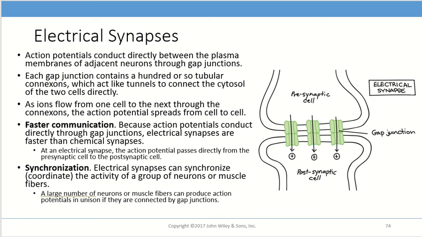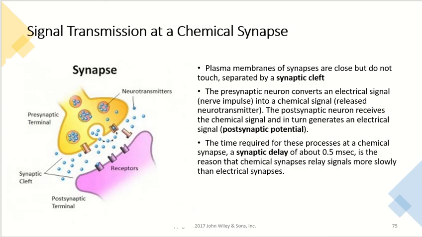The other big benefit of electrical synapses is synchronization. Electrical synapses can coordinate the activity of a group of neurons or muscle fibers. So a large number of neurons or muscle fibers can produce action potentials in unison if they are connected by gap junctions in these electrical synapses.